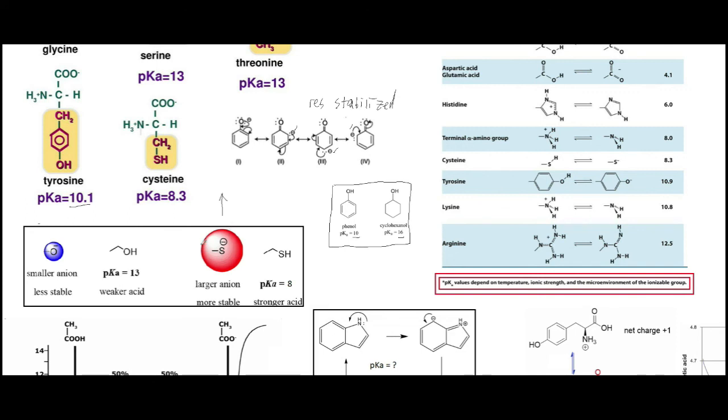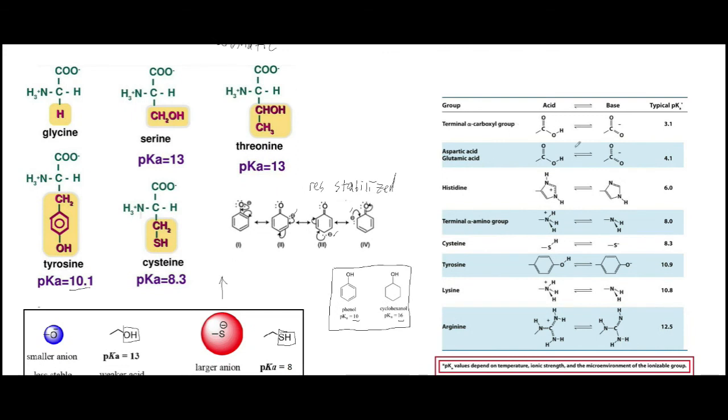When you have this larger electron cloud, it can accommodate this negative charge better, and that allows it to be in the negatively charged form more stably. If stably is a word? It is now. So that's why the hydroxyl, the alcohol group on serine, is less acidic than the sulfur group on cysteine.